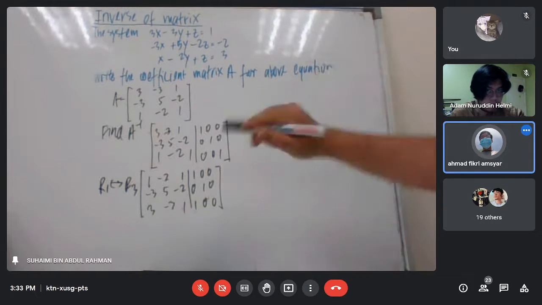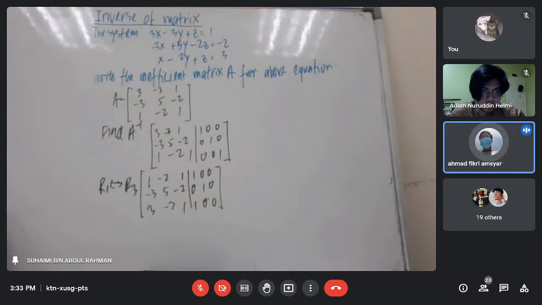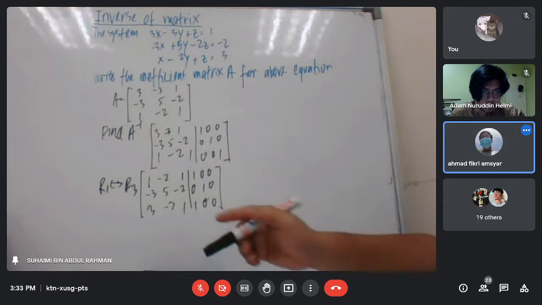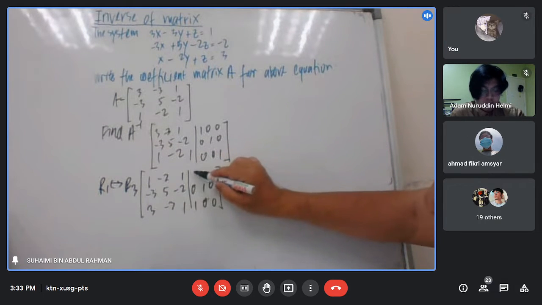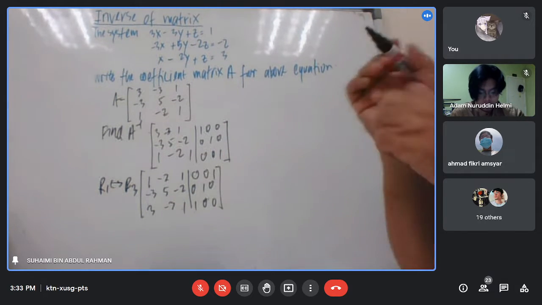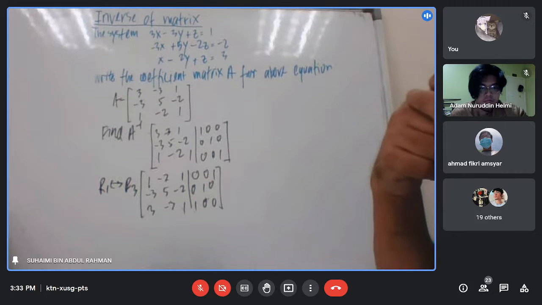Sir, I think for the right one it is 0, 0, 1, the first column. Yes, 0, 0, 1, because row 3 now becomes row 1.